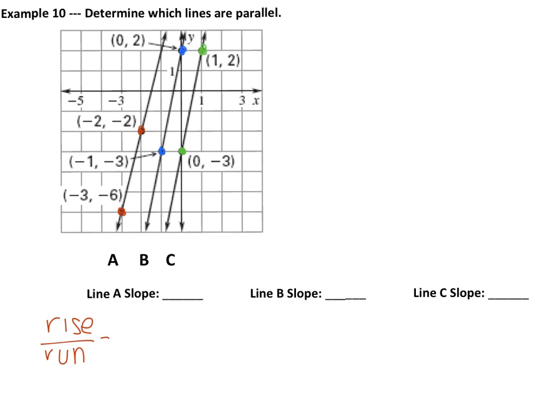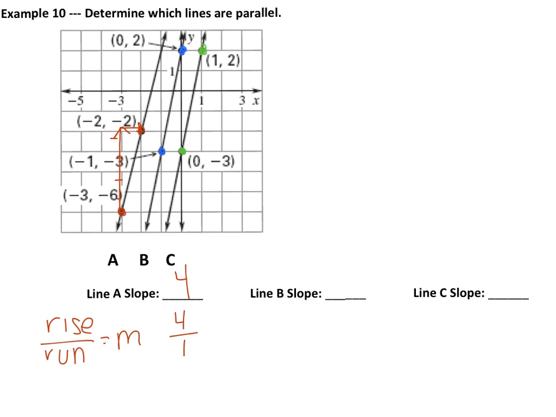We're going to find the slope for each one. So for line A, I'm going to go up 1, 2, 3, 4. So my rise is 4, and my run happens to be just 1. I'm going to simplify that to 4.